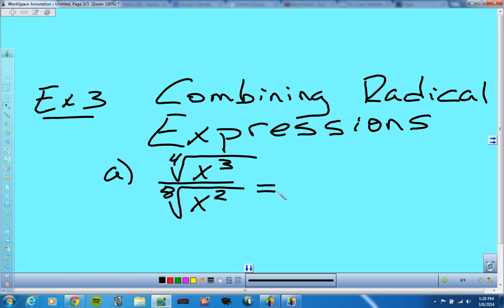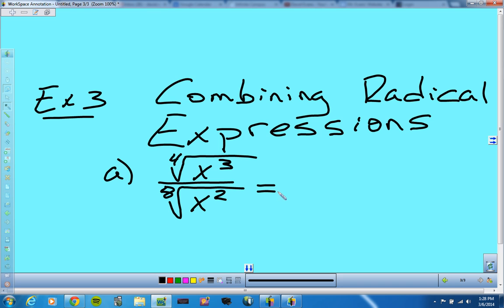Whenever they ask you a question like this, and you'll see it happen all the time in math classes, even in calculus, you can't do anything. The indexes are different. You've got different x cubed and x squared. So I can't write it as a big one. So how else can I write it?